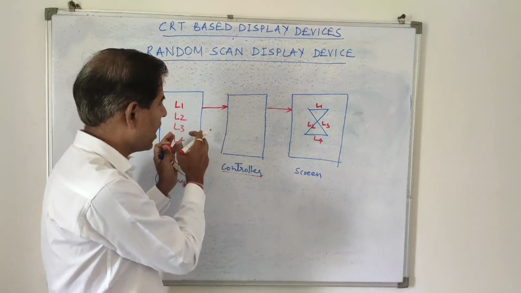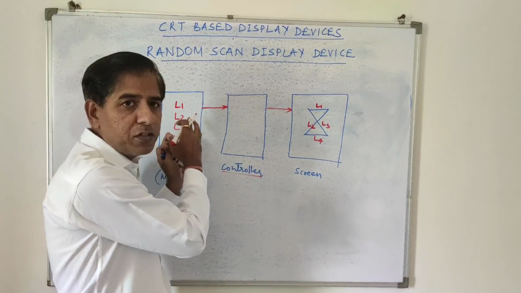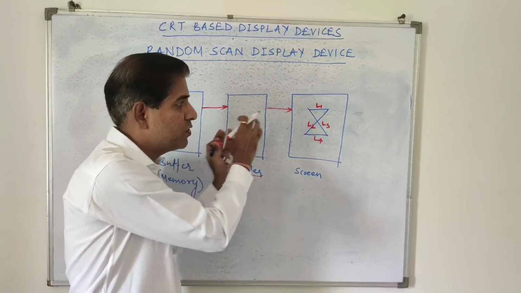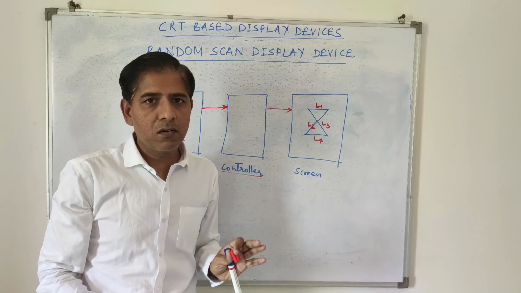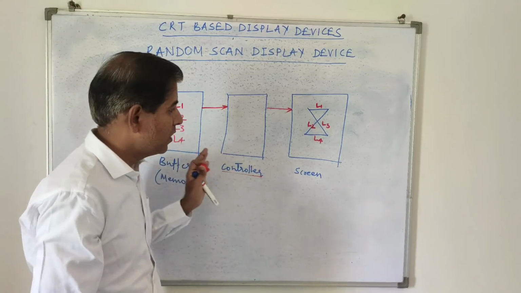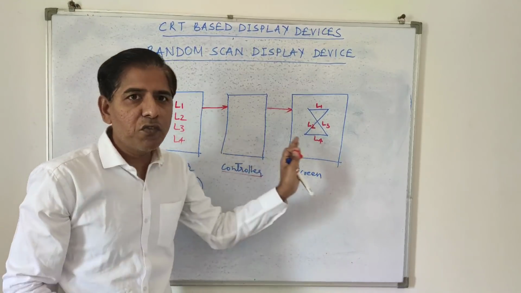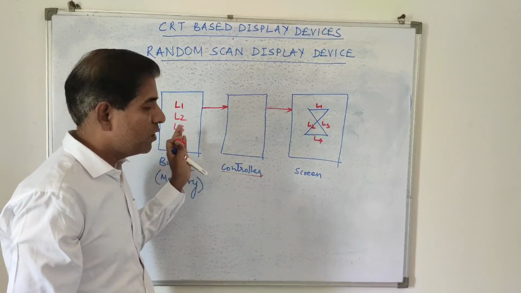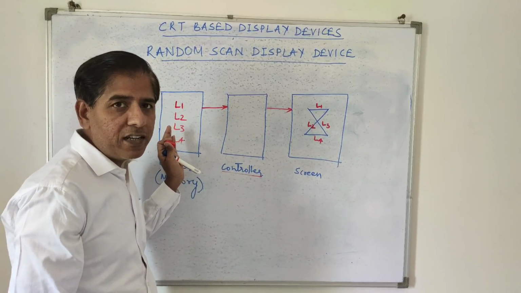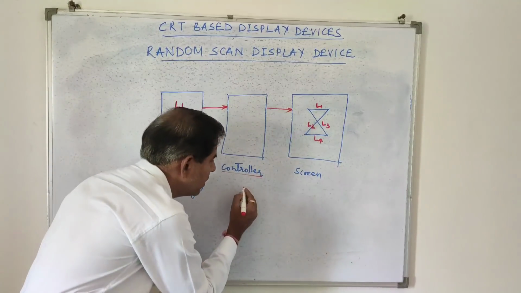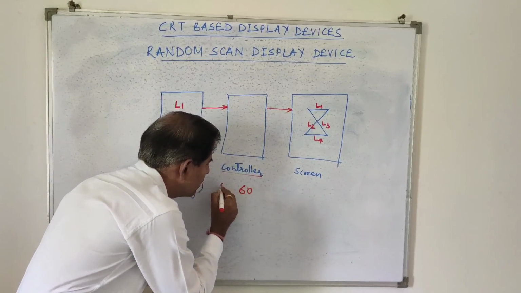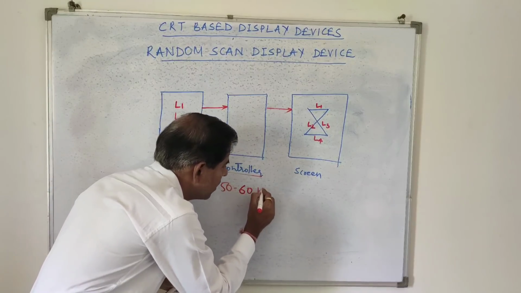That means 60 times in a second the information of L1, L2, L3 and L4 is transferred to the screen. That means the transfer frequency of this controller to send the information from the memory to the screen is 50 to 60 Hertz.